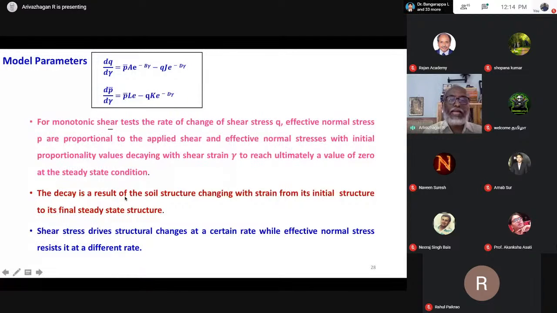The decay is a result of the soil structure changing with the strain from its initial structure to its final steady state structure. Shear stress drives structural changes at a certain rate, while effective normal stress resists it at a different rate.